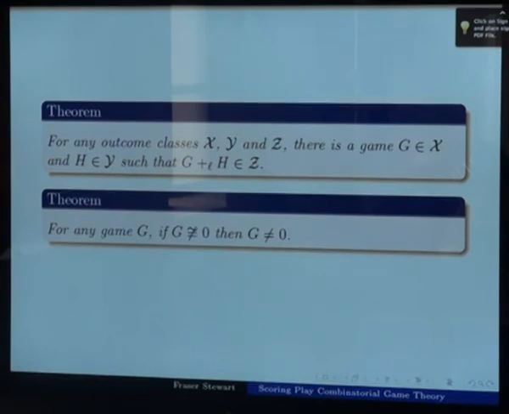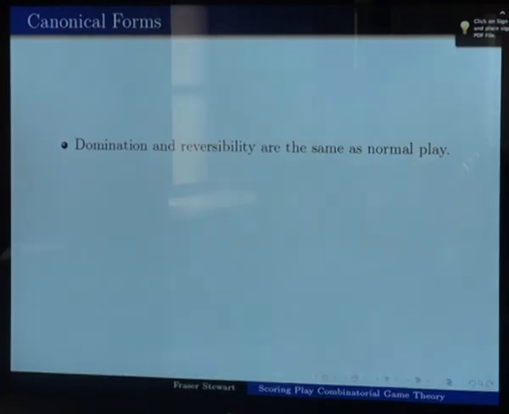So this theorem is also true for Misere games, which means the only game in our identity set for scoring games is the trivial game. In other words, the game where neither player has an option and the game is a tied score, which is again purely nasty.